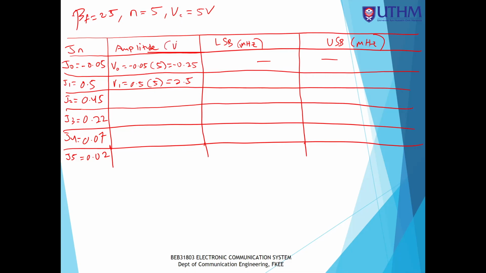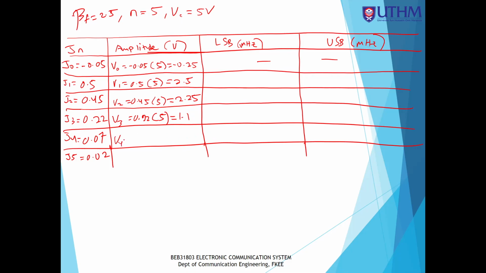So this is voltage. And then V2 is equal to 0.45 times 5, so this is 2.25. V3 is equal to 0.22 times 5, so this is 1.1.